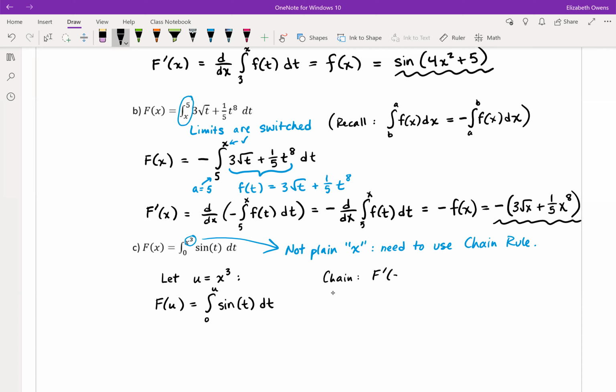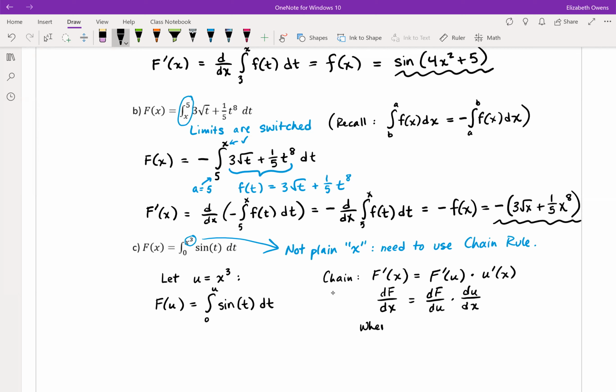If you're trying to find f prime of x, you would take f prime of u and then multiply by the derivative of u, the inner function, u prime of x. Or if you'll recall, in Leibniz notation, df dx would be df du times du dx. Okay.